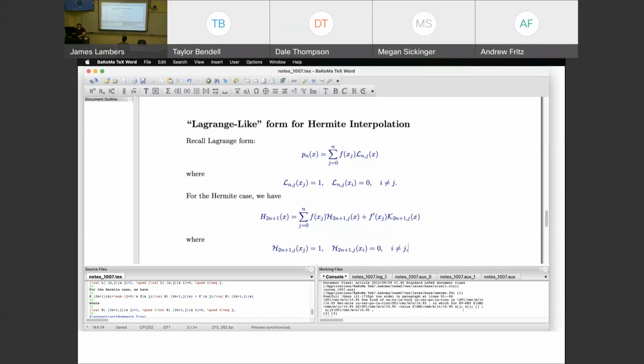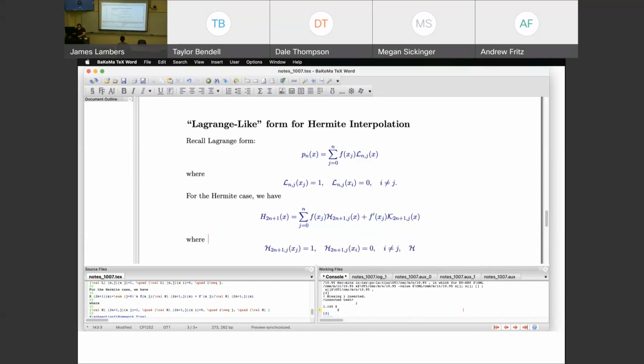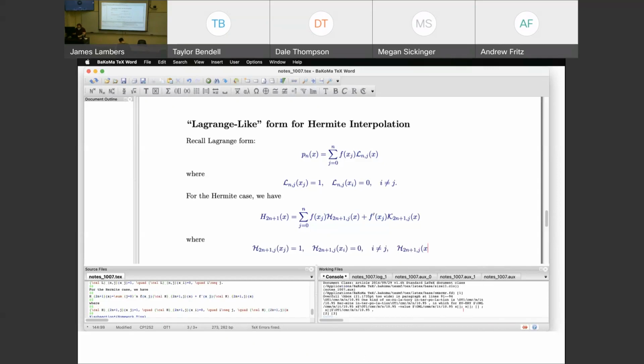So I must have the derivatives of h equal 0. All right. So this condition is for i not equal to j.